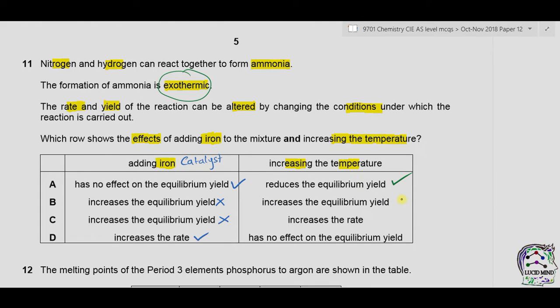Increases the equilibrium yield. This is incorrect. Increases the rate of chemical reaction. This is true as kinetic energy is increased. And last one is that it has no effect on the equilibrium yield. This is untrue because this is exothermic reaction and the reaction will move in backward direction. Correct answer is therefore A.